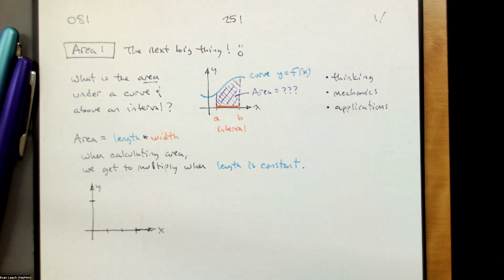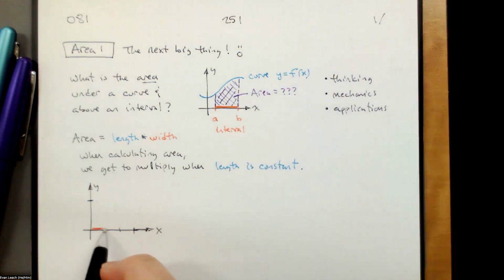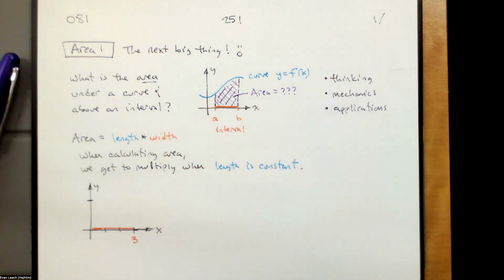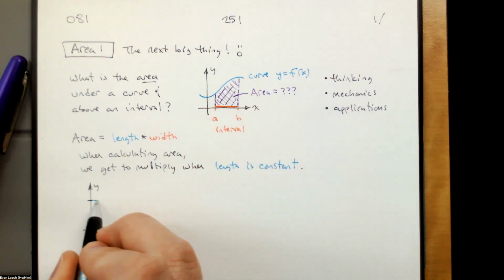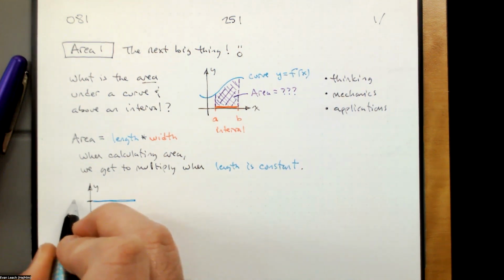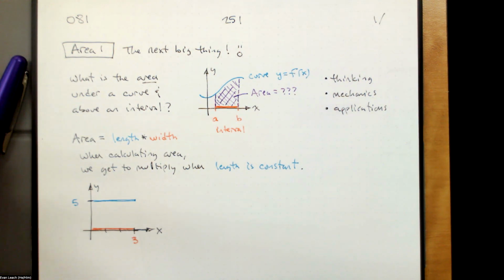If I draw a width of 3, and my length is always, let's say, 5, to calculate area we get to multiply, because the length is constant over the entire width.